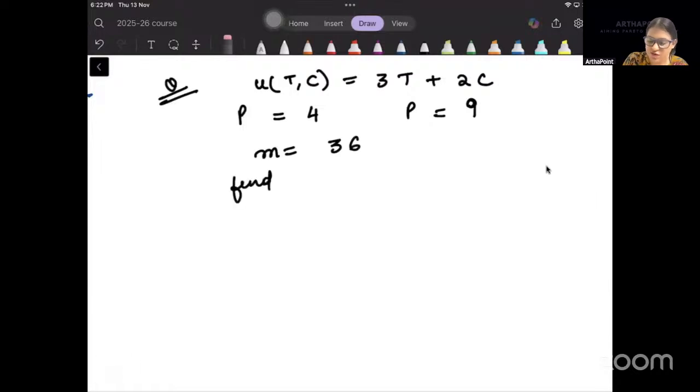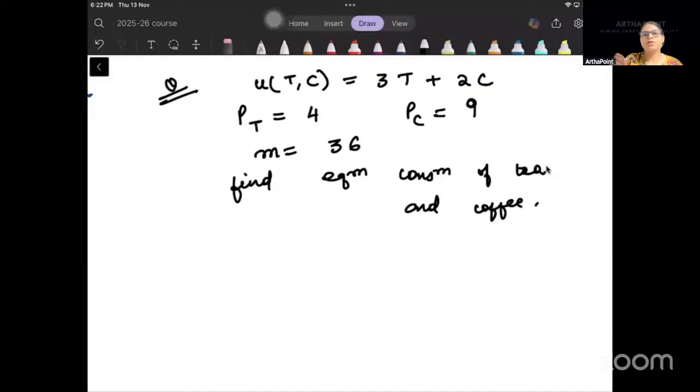Find equilibrium consumption of tea and coffee. Give it a try. Tell me what will happen. What will be equilibrium consumption? Write it in the chat window.